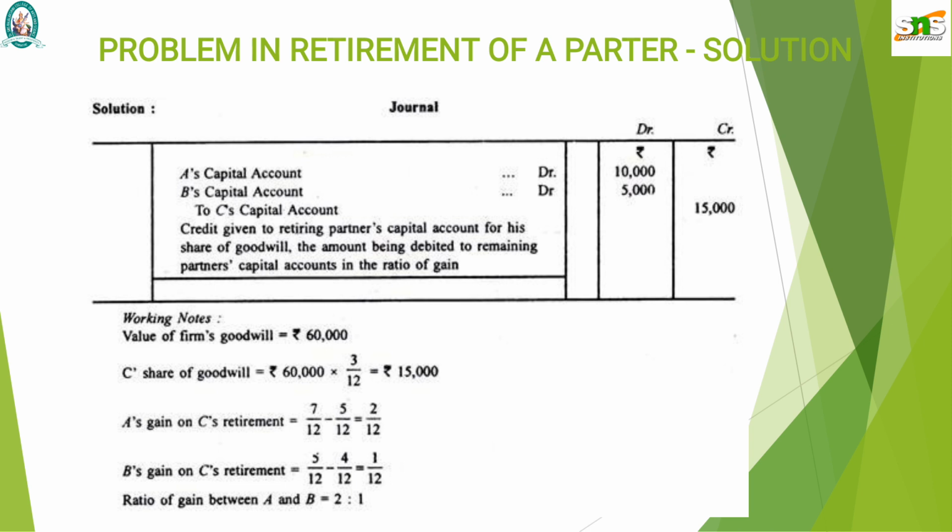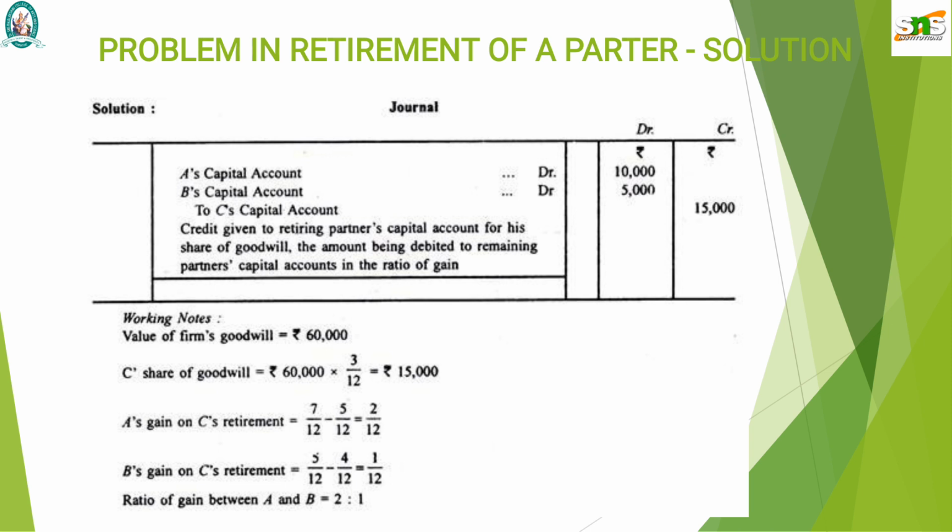So in this gaining ratio, the remaining partners have to settle C's share of goodwill, and it should be credited to C's capital account. So A's capital account should be debited with 10,000 rupees and B's capital account with 5,000 rupees, and it should be credited to C's capital account 15,000 rupees for the share of C's goodwill.